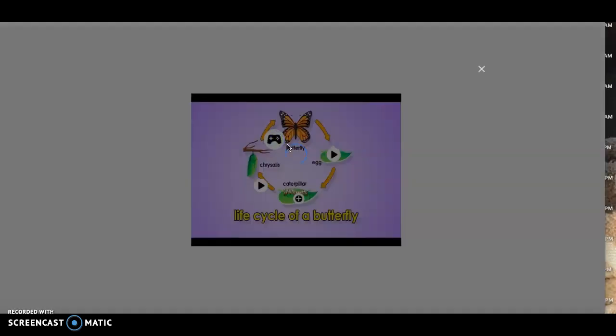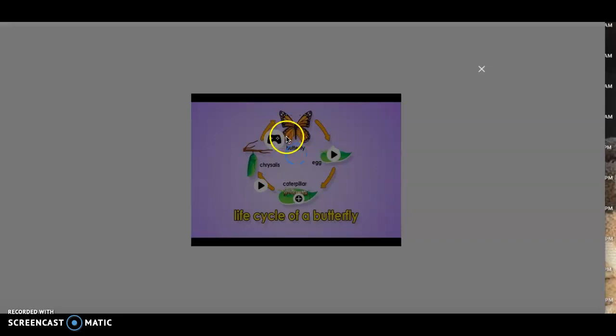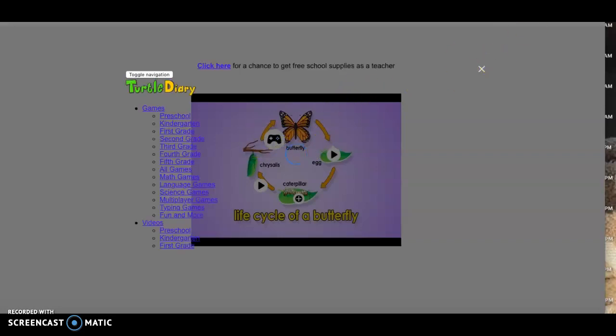And then the last thing I've included in my Thinglink, or resource that I've embedded, is this one right here. It will load. Don't know why it's not loading, but basically it is a game for students.